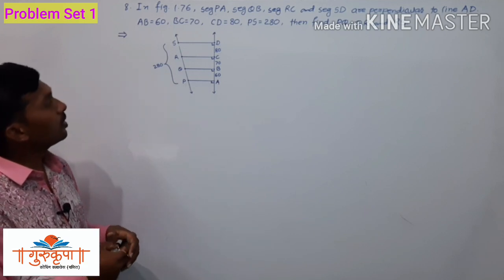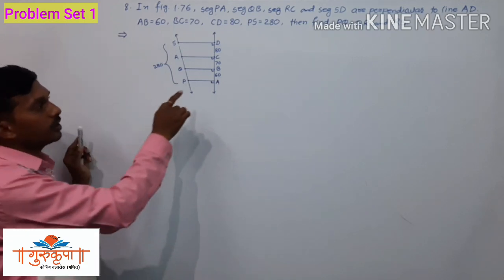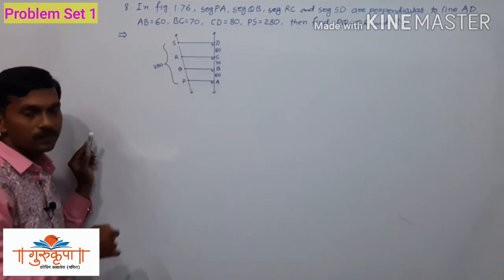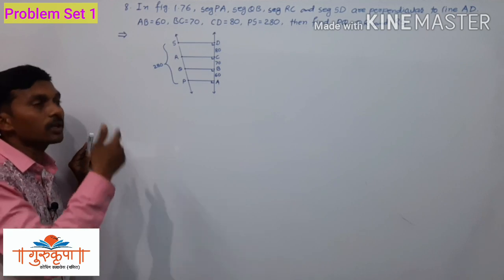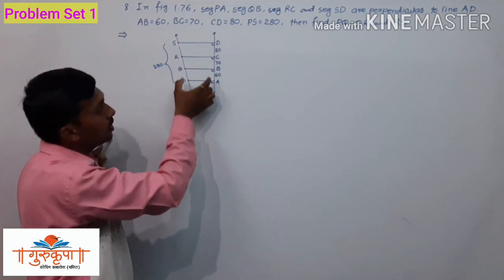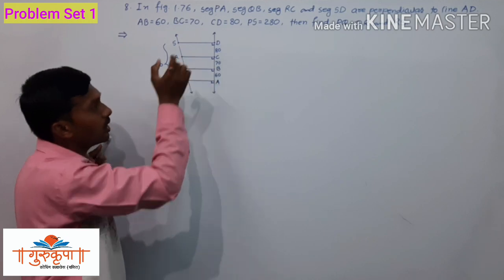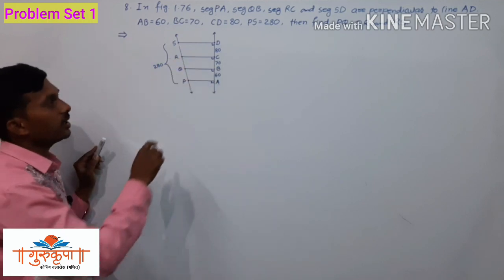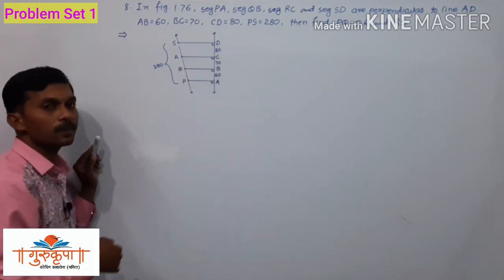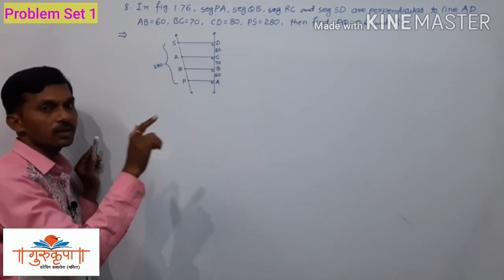First of all we have to use that property for these 3 lines only, PA, QB and RC. We will discuss how to write the answer first. PA parallel QB parallel RC, and you can write it as PQ upon QR is equal to AB upon BC. That is equation 1.